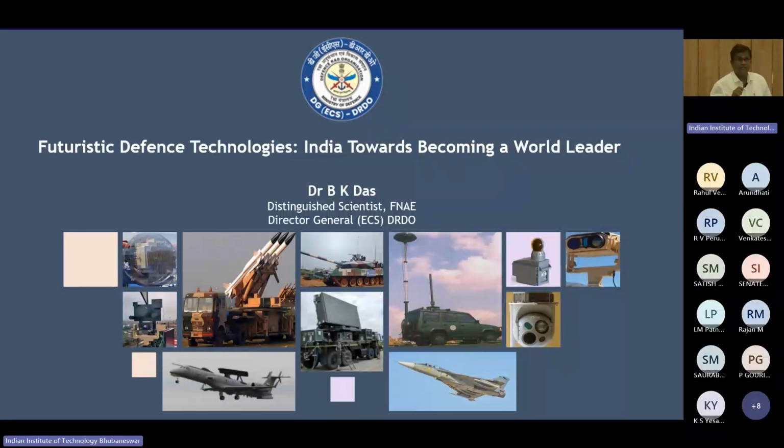The delegates, the students, the research scholars, the faculty members of this institute and from NISER or other institutes, distinguished INAE fellows, Professor Ghosh, Director NISER, Professor B.K. Misra, ex-Director IIT Kharagpur and IIT Goa, and the distinguished visiting Professor of IIT Bhubaneswar.